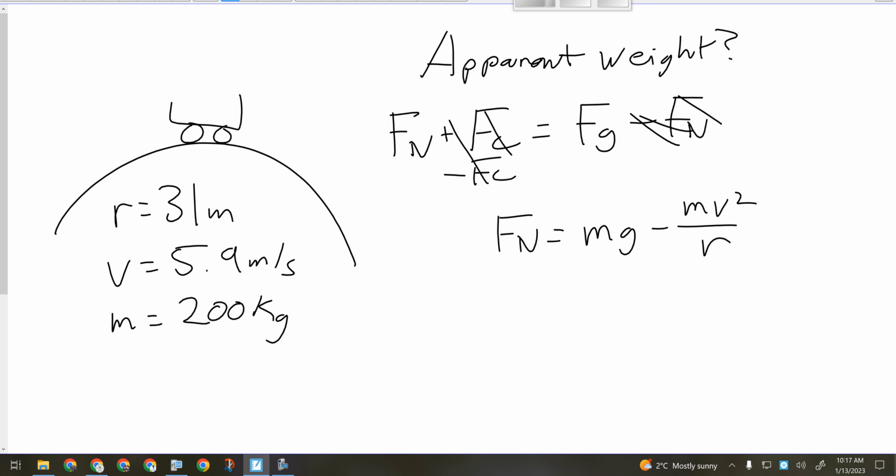All right, and that makes sense. This is the biggest force here, mg. I'm subtracting the centripetal force. That should leave me with the smaller of the 2 forces acting out of the circle. So when I plug in my numbers here, that'll be 200 times 9.81 minus 200 times 5.9 squared divided by 31.